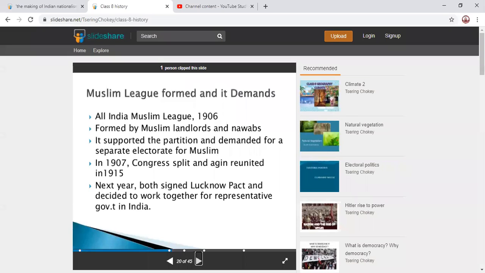The leaders of the Muslim League felt that Muslims might not be adequately represented in the government.